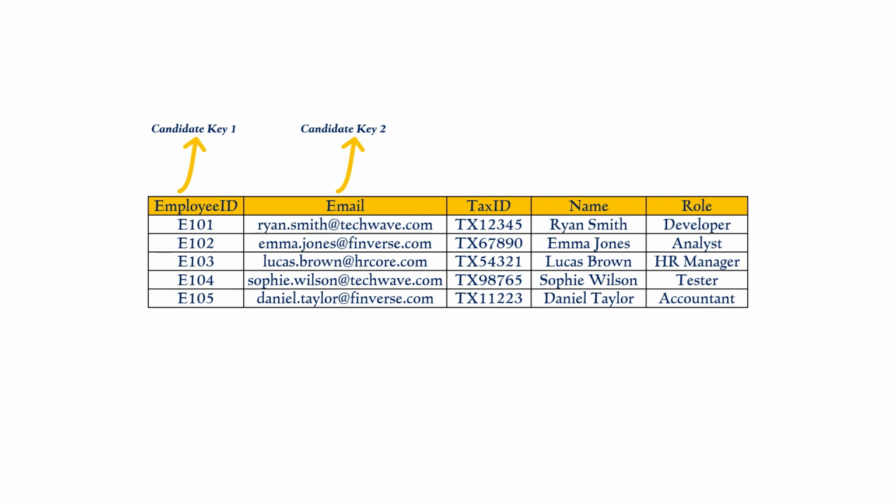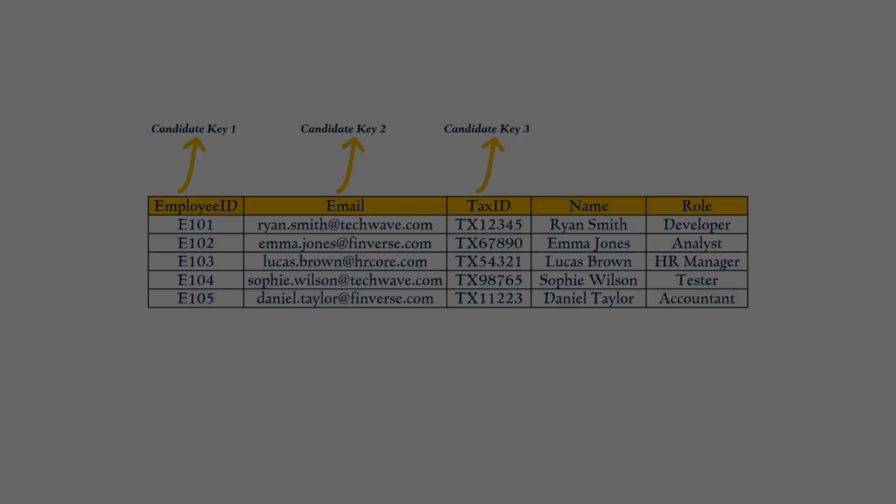And in many cases, there could be something like a PAN or tax ID linked to that employee. Each of these can uniquely identify a record. That means all of them are candidate keys in the employee table. To keep it simple, think of candidate keys as contestants in a race to become the primary key. Each one has the potential, but only one wins in the end.